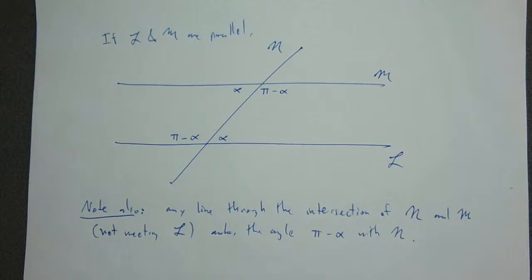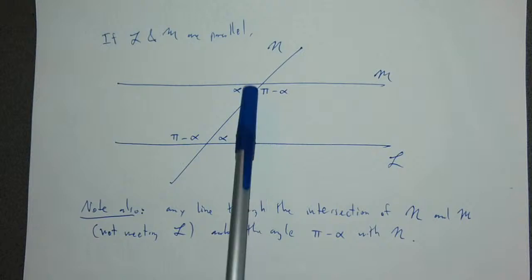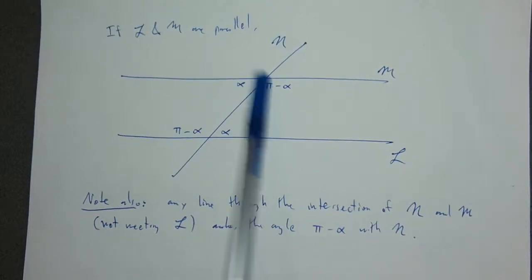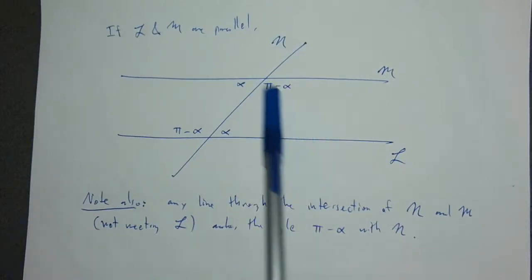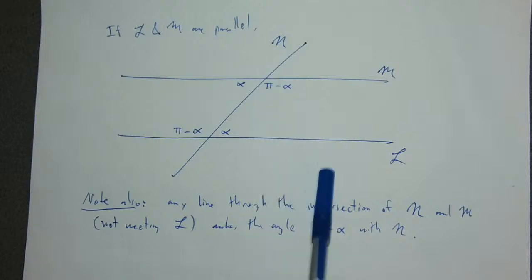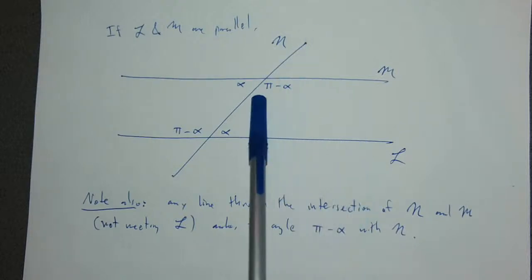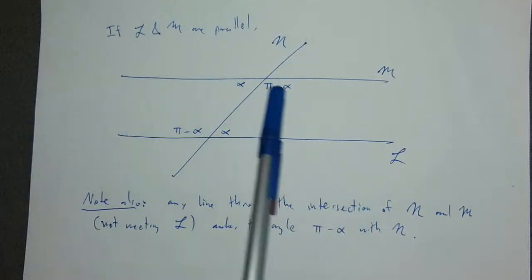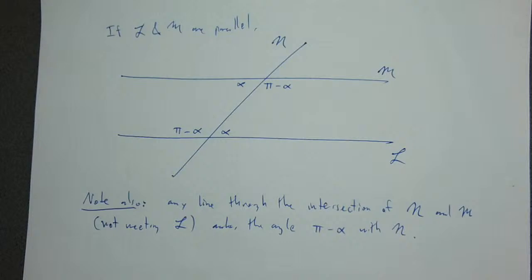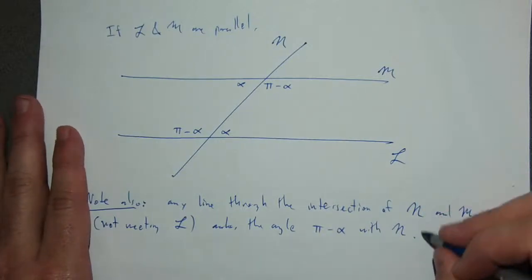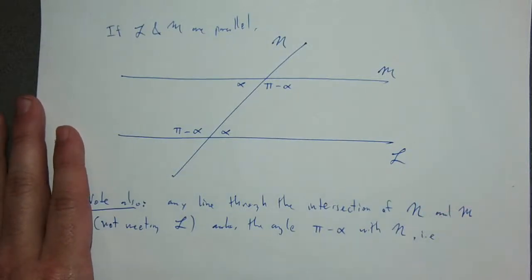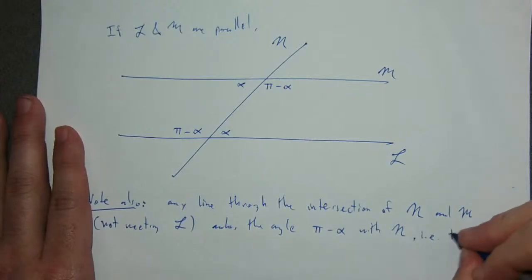Okay. But the intersection of n and m is this point, right? So if you have a line through this point, not intersecting L, making angle pi minus alpha with n, that line has to just be m, i.e. the line equals m.